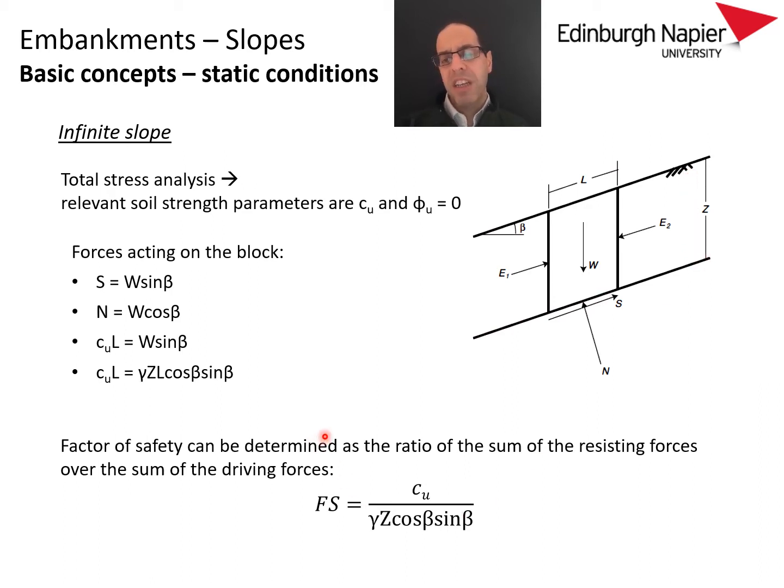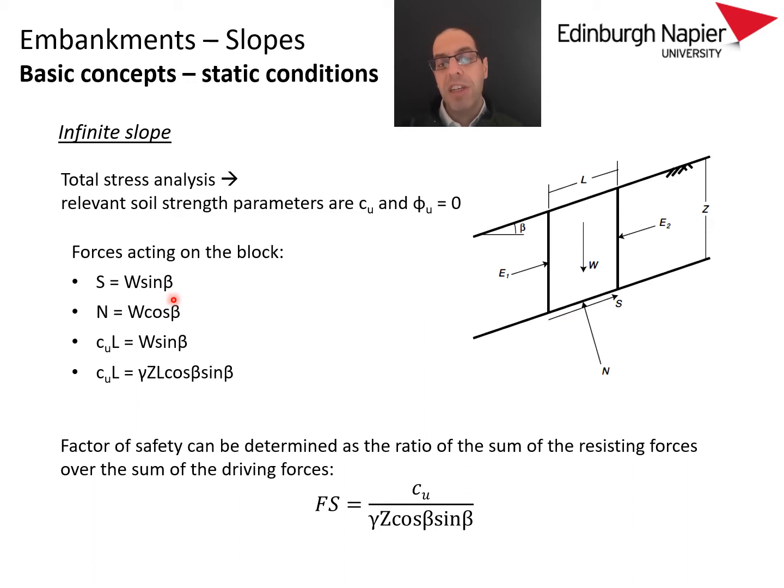And as you can see there, the shear strength of the soil here will be acting against the component of the weight in that parallel direction, and hence S is equal to W sine of beta. And similarly, the component of the weight perpendicular to the slip surface will be acting in the opposite direction to the normal force.